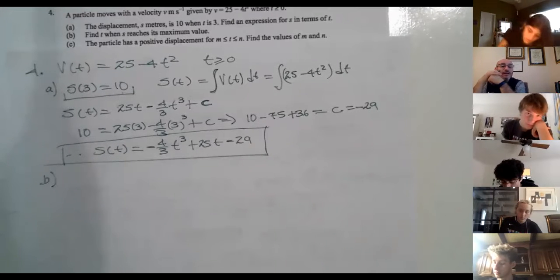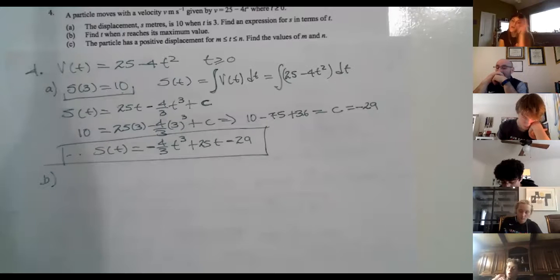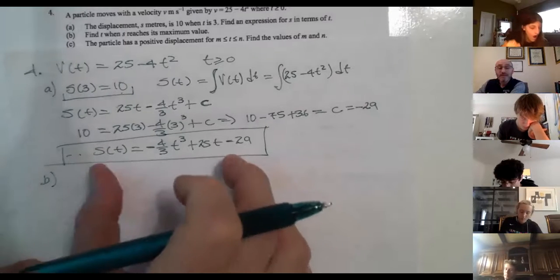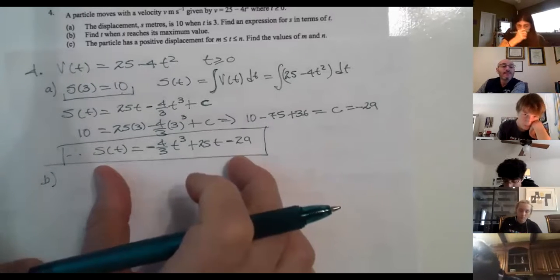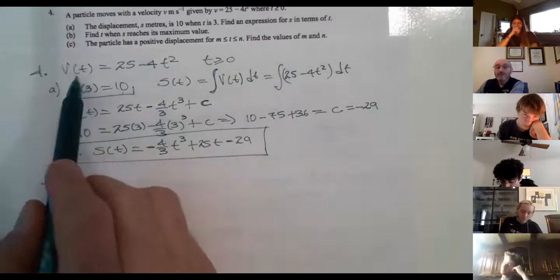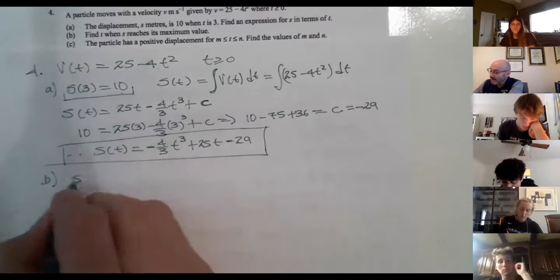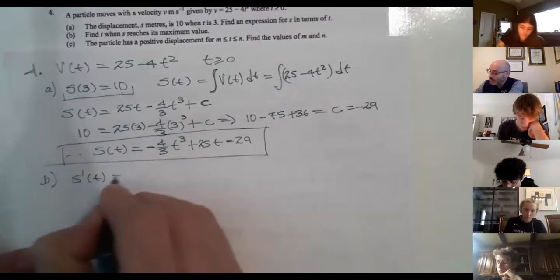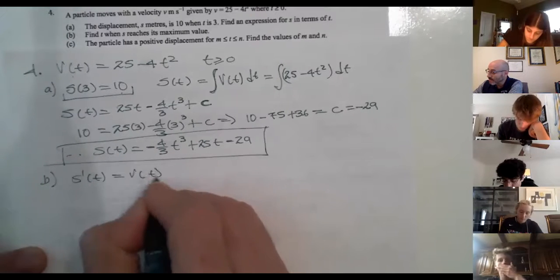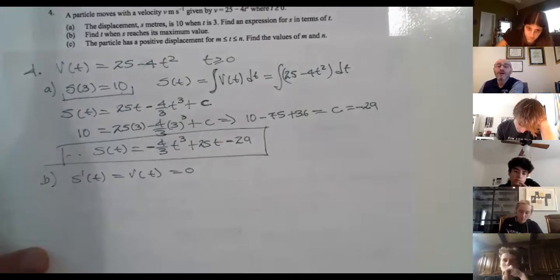Find t when s reaches the maximum value. So that means that we need to find the maximum of this, right? Well, we have the first derivative with the velocity, which means that to find that, I need to take the derivative of the position, which is the velocity, and set that to 0 to find the critical numbers, okay?